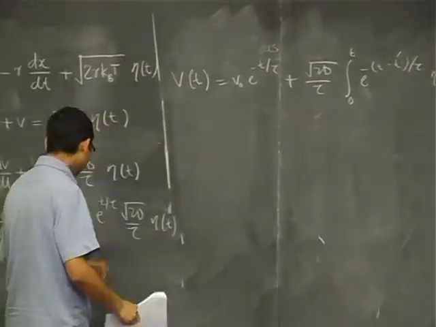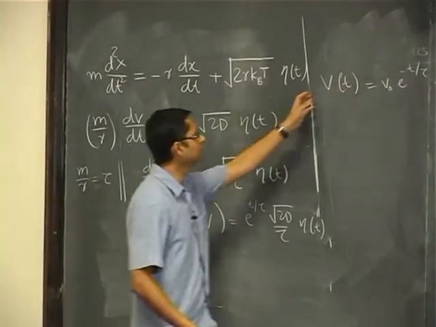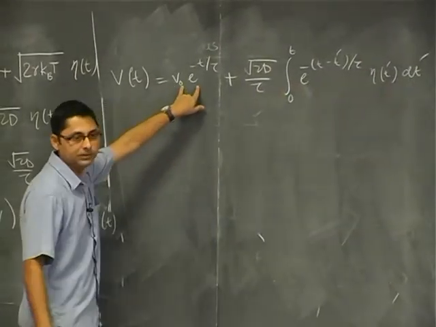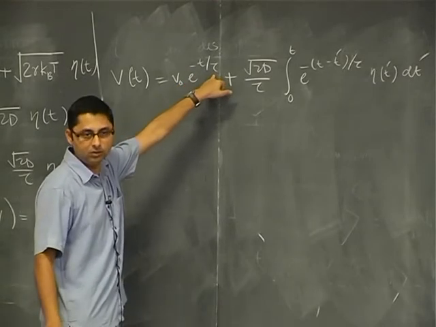So this is the velocity you obtain from there, and you can calculate the mean. When you calculate the mean, as Susanto has pointed out, this term will go to 0. So the mean is just given by the first term, which goes to 0 when t is much larger than tau.